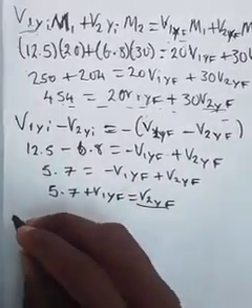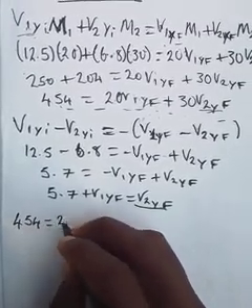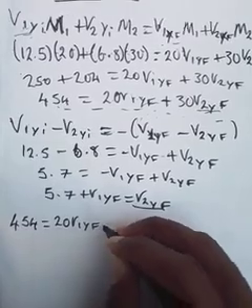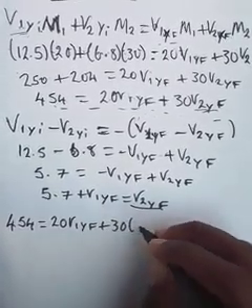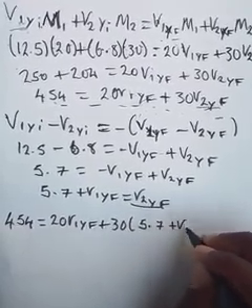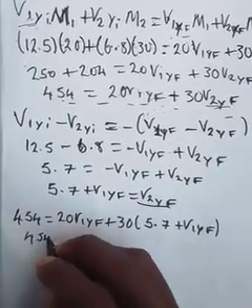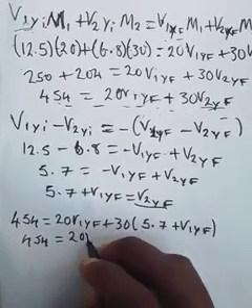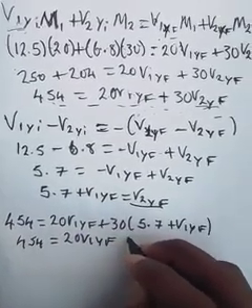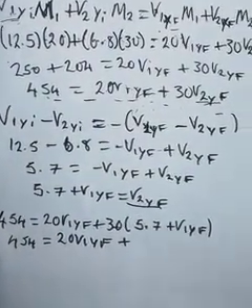So we are going to have plus 30. Then we substitute 454 to 2V. This time it's going to be 30.